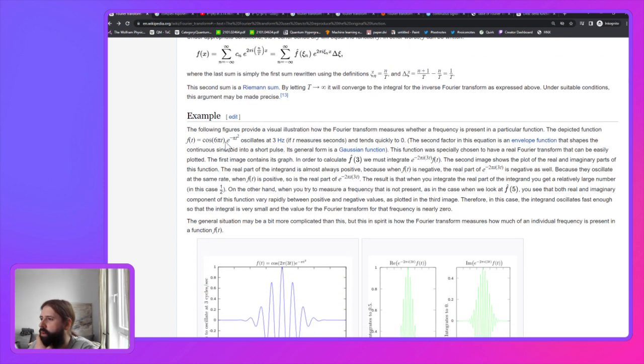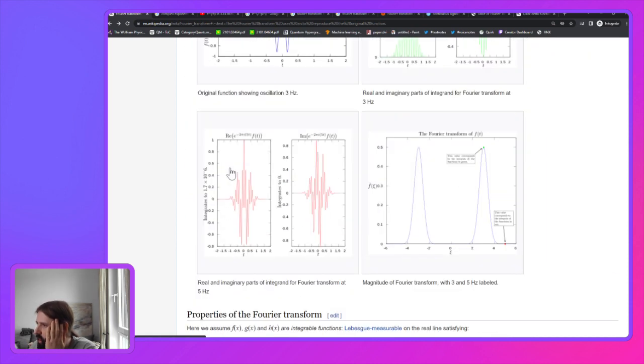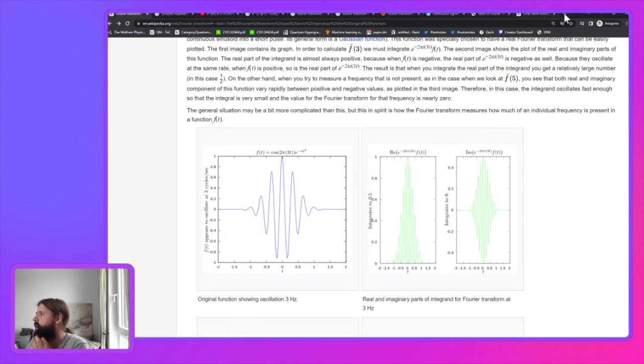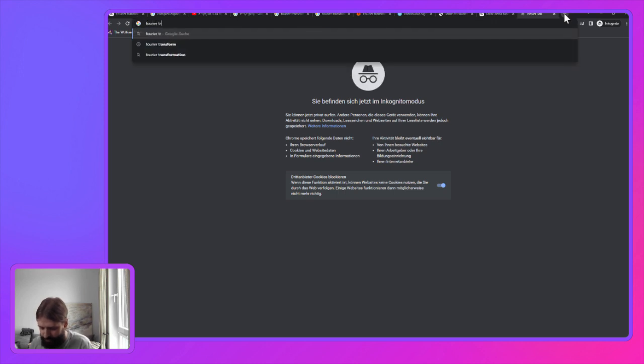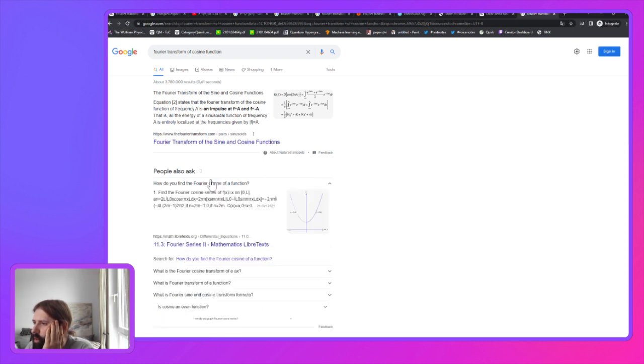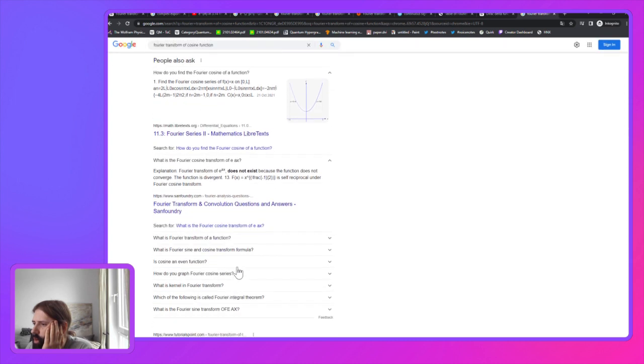Here was a good example, but here the problem is that they use this kind of funky function, and I just wanted to understand why the Fourier transform of the cosine function converges. Right. Converge, yeah.